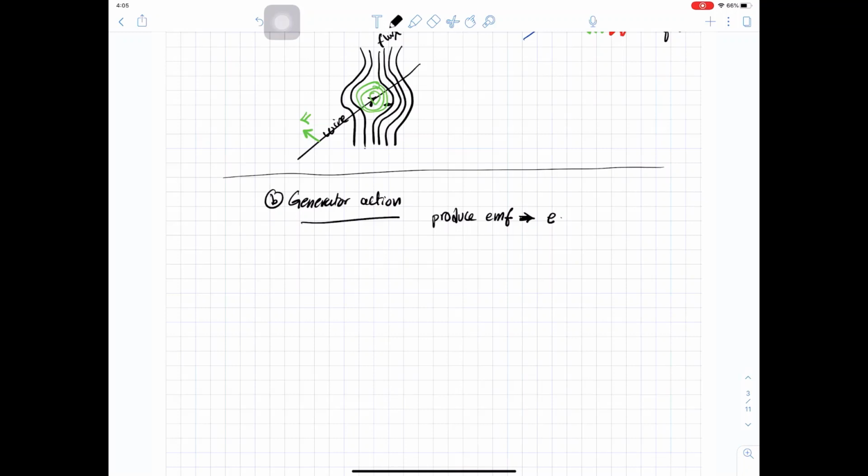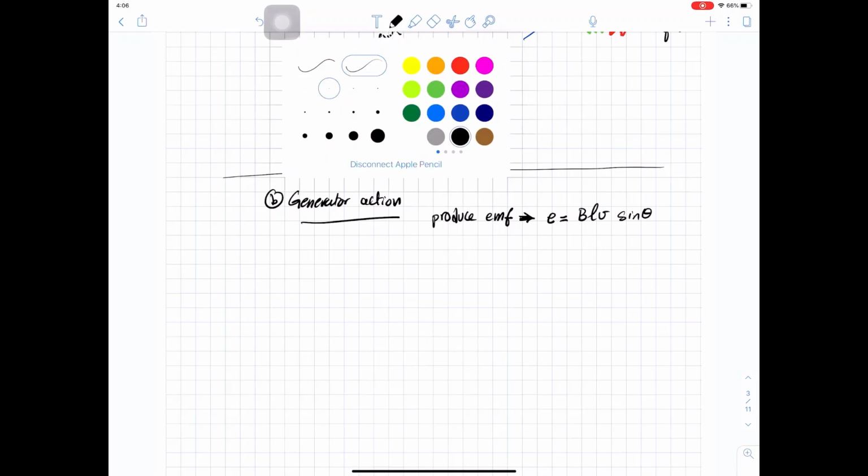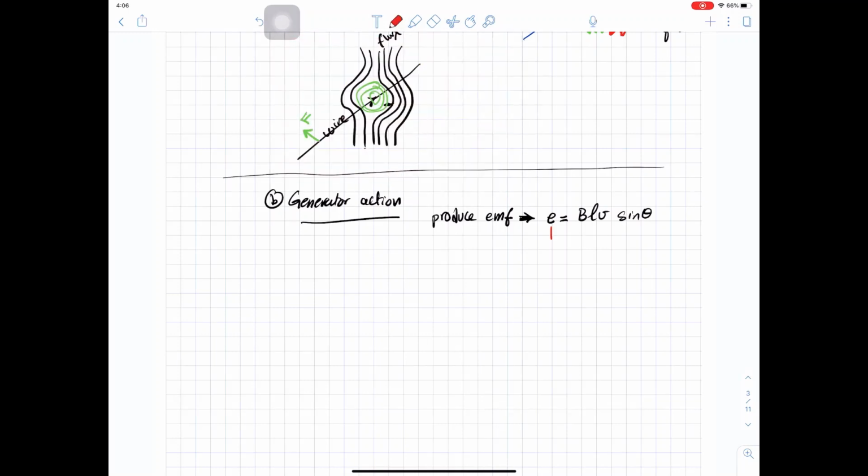We studied this equation E equal to BLV sine theta. So theta is the angle between the flux and movement. So assume this theta will be maximum. So E is the induced or generated EMF. So you have a generator because you are producing a voltage E.